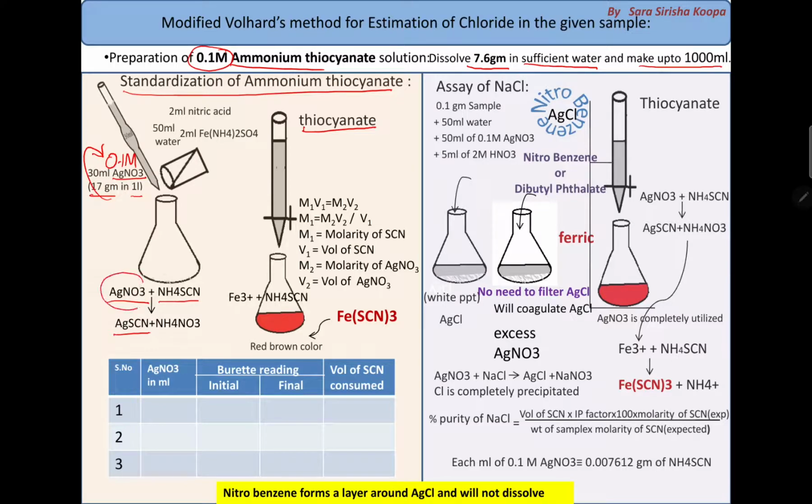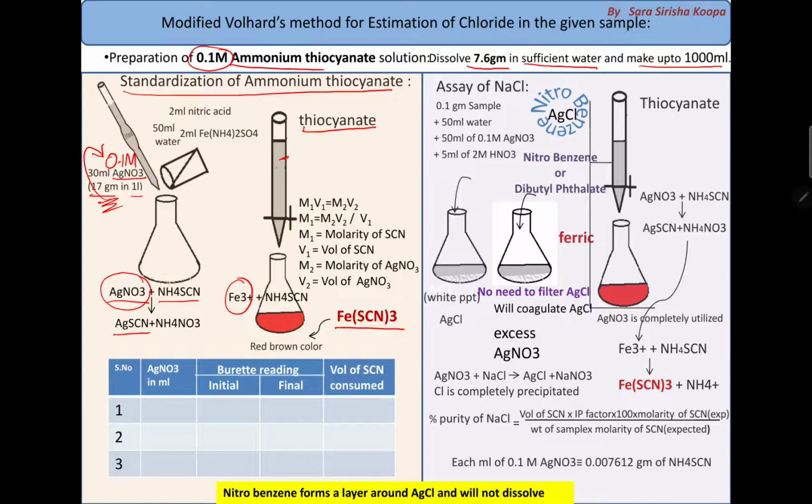After completion of all the silver nitrate present, that is this 30 ml, the thiocyanate will react with ferric and result in the formation of ferric thiocyanate, which is brick red color or red brown color. Then you have to stop the titration and note the burette reading.